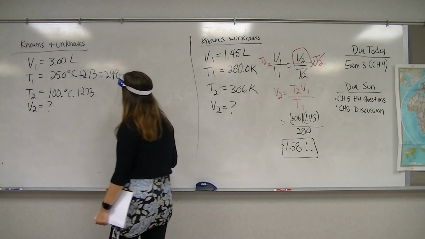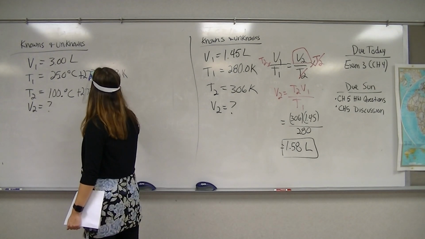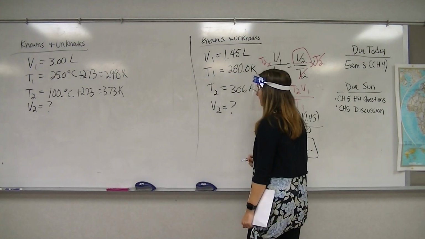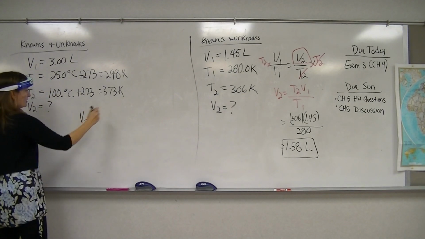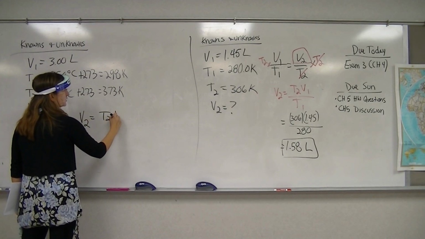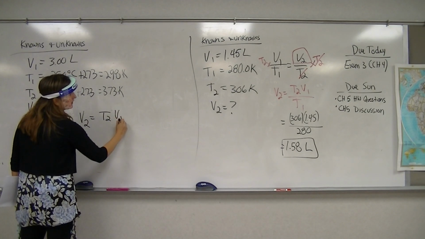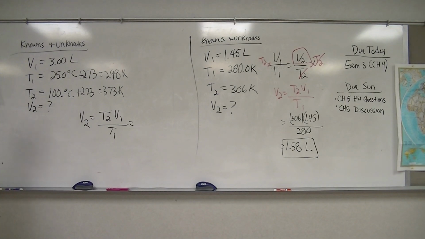So I get 298 Kelvin for my T1 and 373 Kelvin for my T2. Now I'm going to use the rearranged equation that I have over there, T2 equals V1 over T1, and plug in.